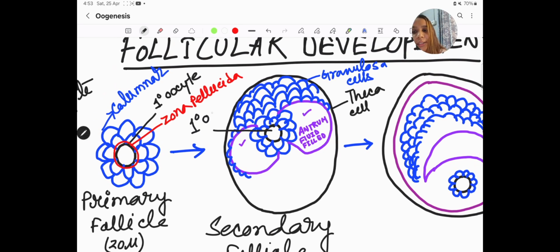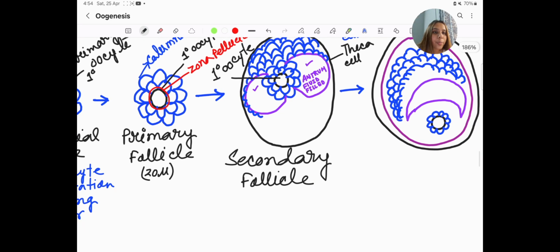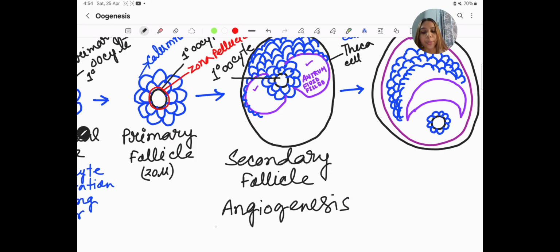So in the secondary follicle, the oocyte is still a primary oocyte. And there occurs another important thing, angiogenesis. What is angiogenesis? It is the formation of new blood vessels.